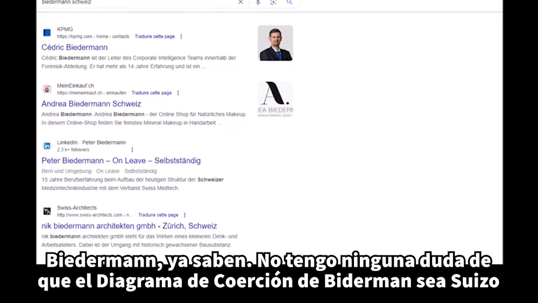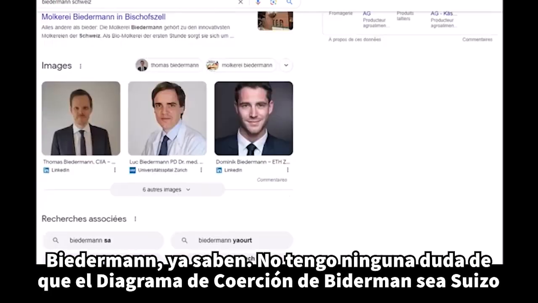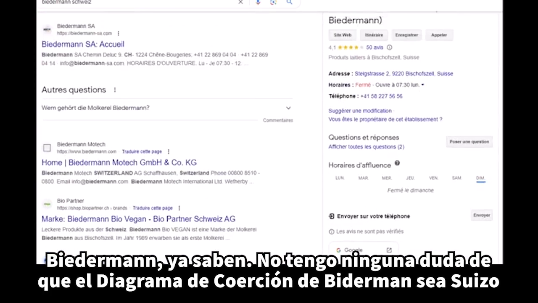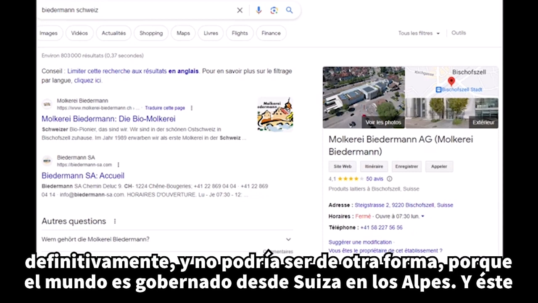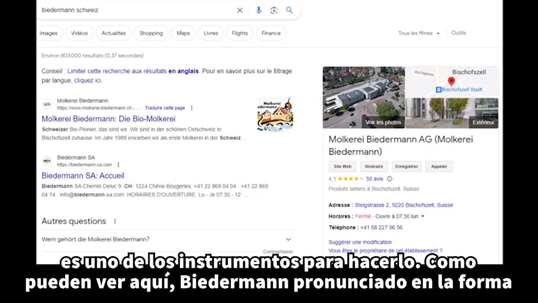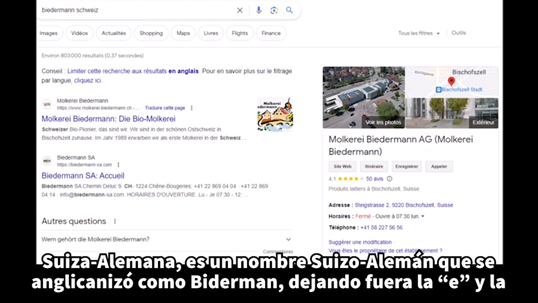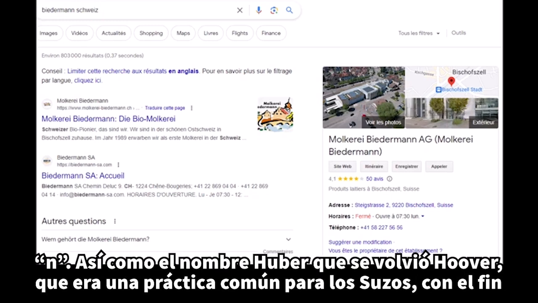So I have no doubt that Biderman's chart of coercion is definitely Swiss, and it couldn't be otherwise, because the world is being ruled out of Switzerland in the Alps, and this is one of their instruments to do so. So as you can see here, Biderman, so I pronounce it in the Swiss-German way, is a Swiss-German name which got anglified into Biderman, leaving out the E and the N.